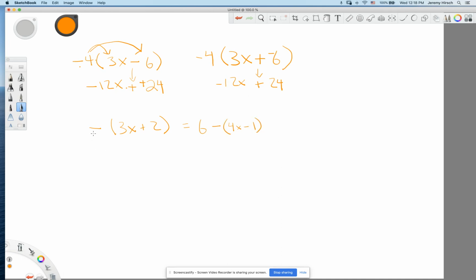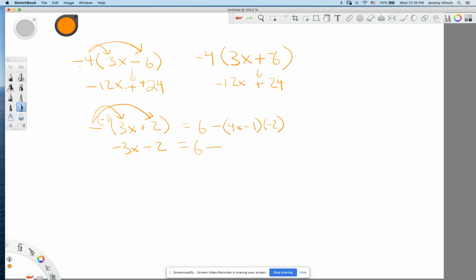When you have a negative touching the parentheses, hold on, let's go times negative 2. This is like multiplying a negative 1 by each of them. You still have to distribute it to each term. Negative 1 times 3x is minus 3x. Negative 1 times 2 is negative 2, equals 6 minus.